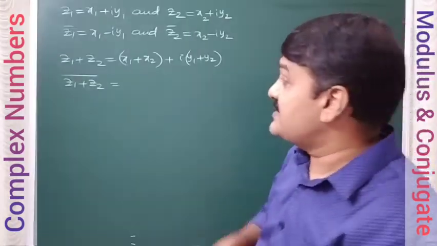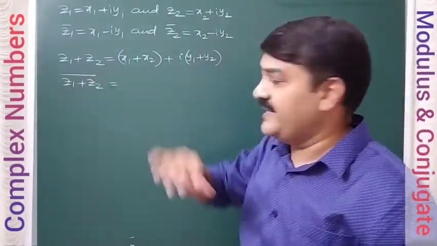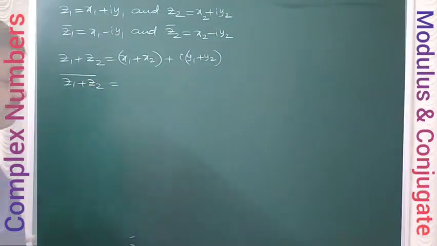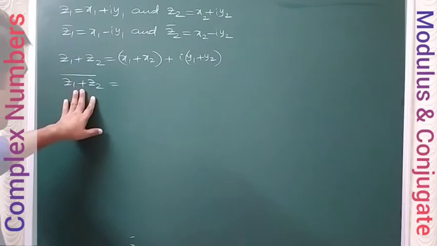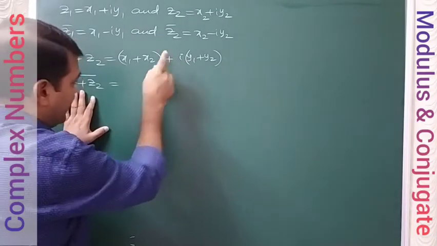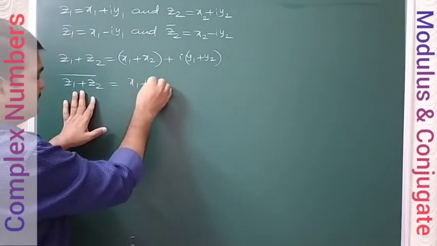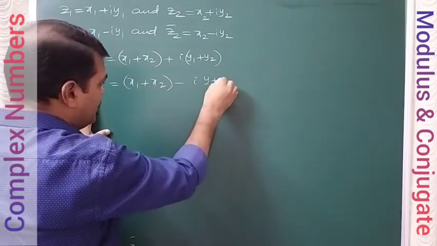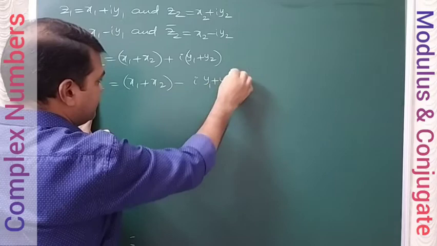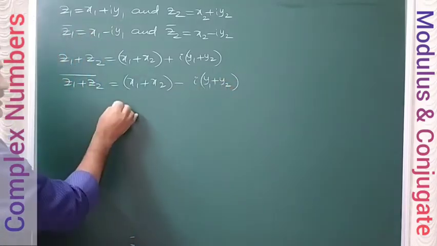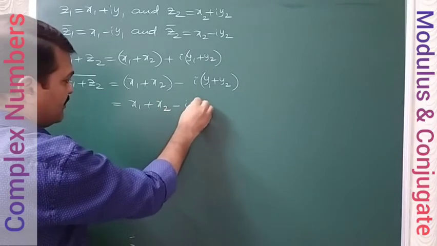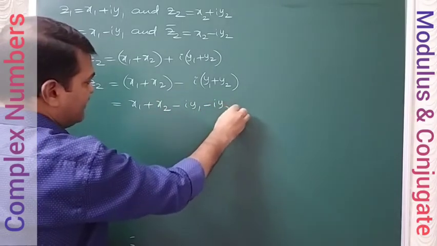Now I will take z1 plus z2 conjugate. So conjugate of z1 plus z2, this is the symbol. Conjugate of z1 plus z2 means for imaginary part we have to change the sign. So x1 plus x2 minus i into (y1 plus y2) we will get. Okay, so I will write this as x1 plus x2 minus iy1 minus iy2.